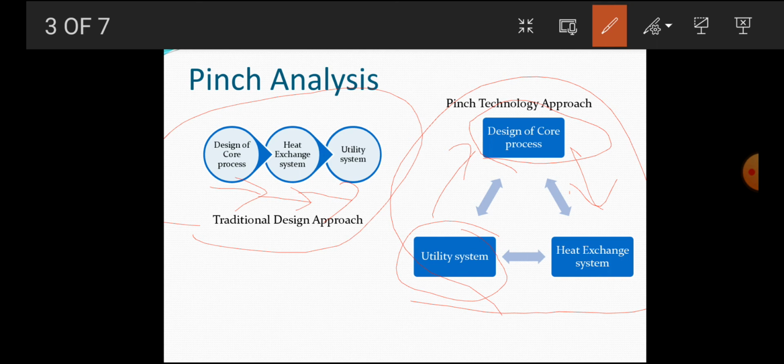So the procedure first of all predicts ahead of design, before you start designing, the minimum requirements of external energy. A network design that satisfies these targets is synthesized. Finally, the network is optimized by comparing energy cost and capital cost of the network so that the total annual cost is minimized.